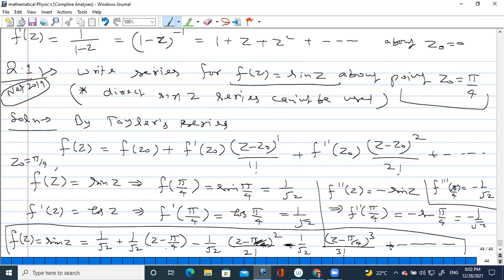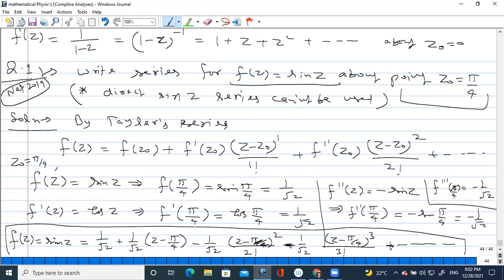So from here to here it has changed. Any doubt in this? Sir, here it's correct, but how is it changing in the expansion about 0? It's an alternate sign.